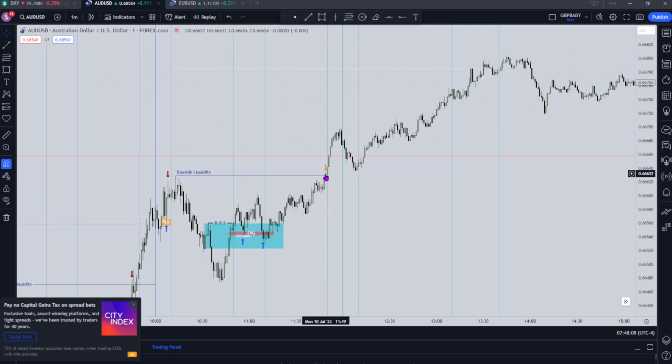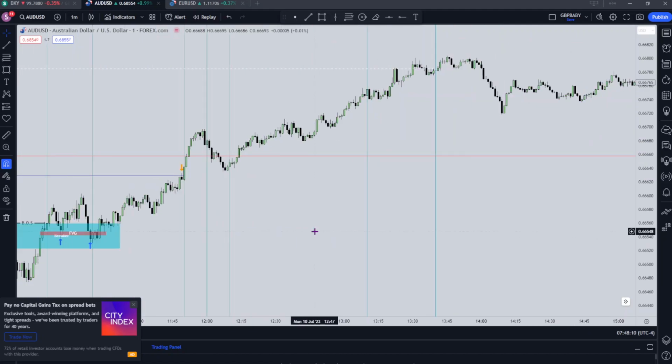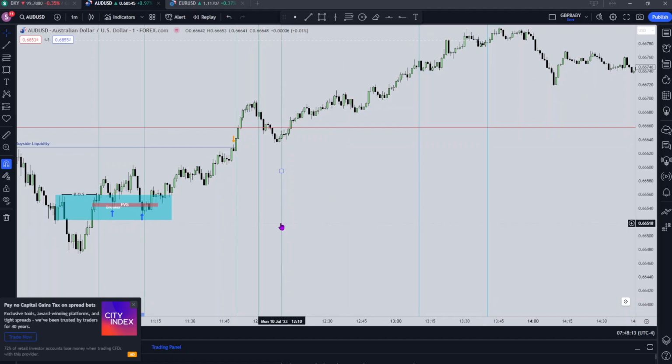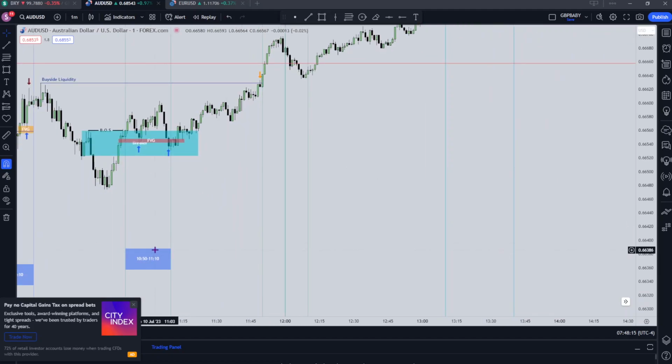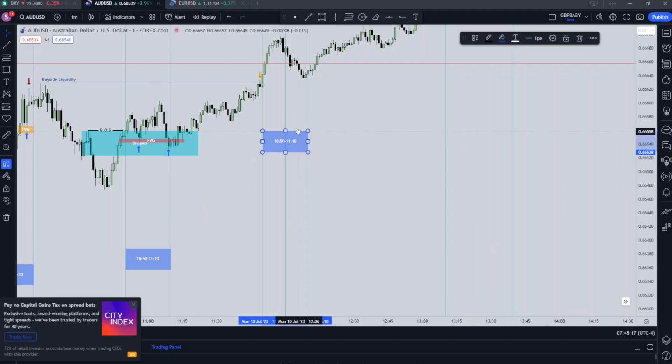Excuse me. There's another macro here between, what time is it? 10:50 until 12:10. So it's pretty much every hour that we see these macros forming, which is quite interesting.